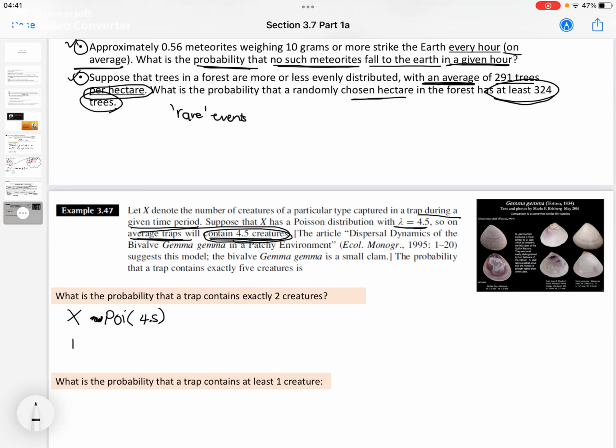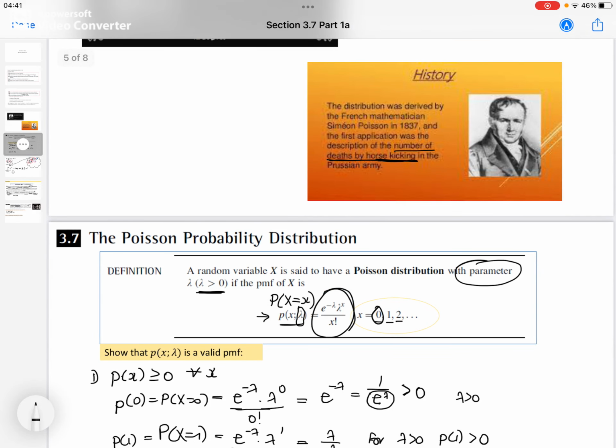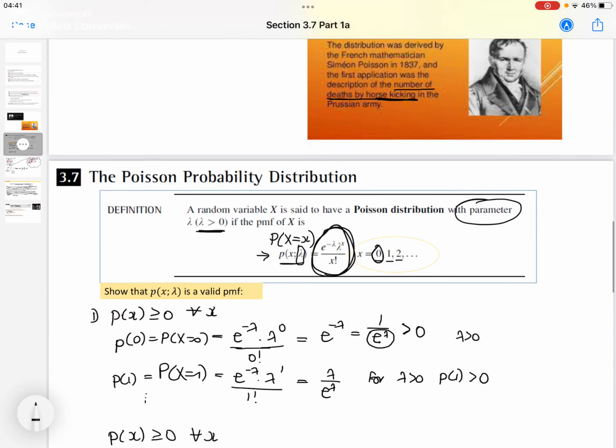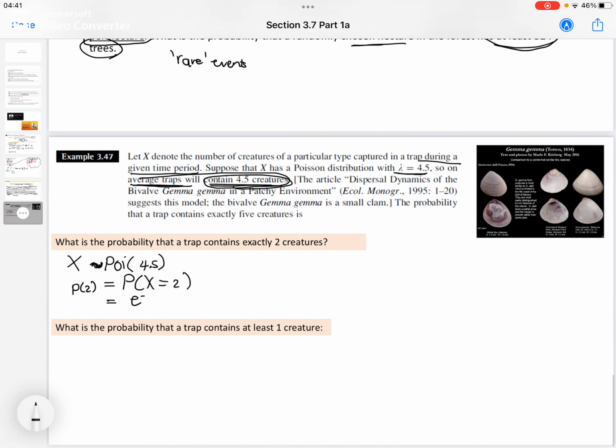So we're calculating here P(2), which is the probability that X is equal to 2. By definition, if we use our formula, the PMF is equal to e to the power minus lambda times lambda to the power x, divided by x factorial. So this is equal to e to the power minus 4.5 times 4.5 to the power 2, all divided by 2 factorial.